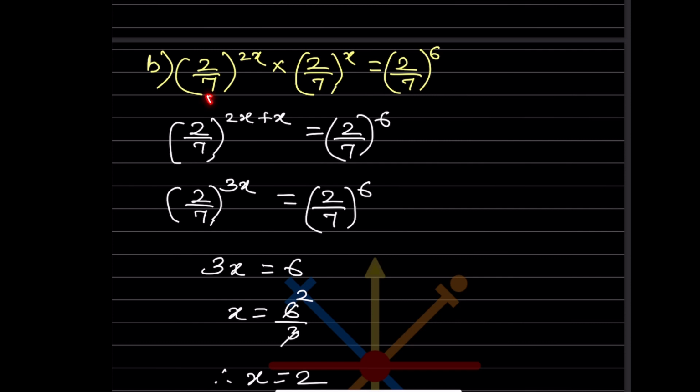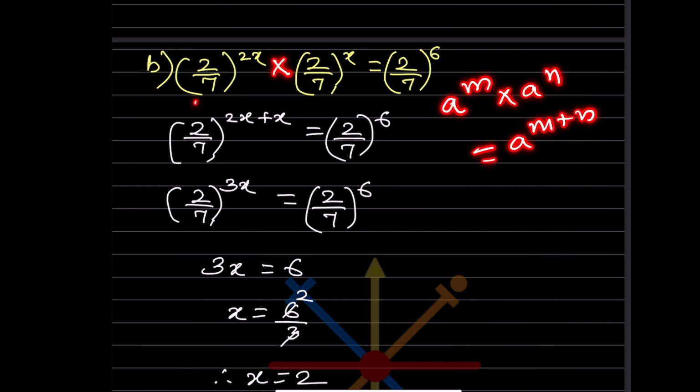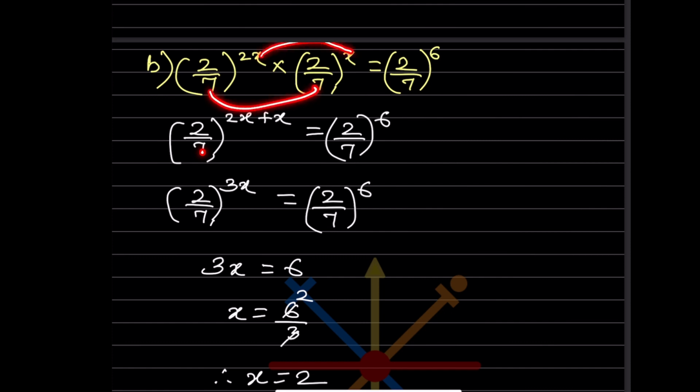Again here, this is in fraction, but the rest of everything will be the same. You are going to follow the rule, but there is a multiplication over here. So a raised to m into a raised to n is a raised to m plus n. So here, 2 raised to 7, you are going to add the exponents because this is a multiplication, 2x plus x, so this is 2 raised to 7 raised to 6.